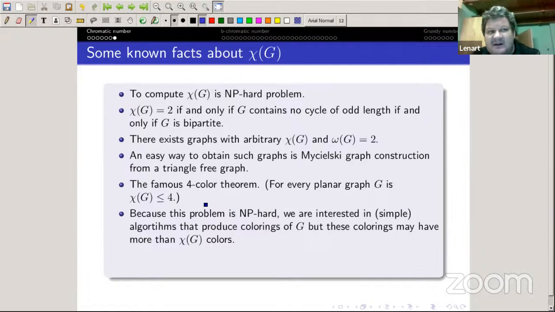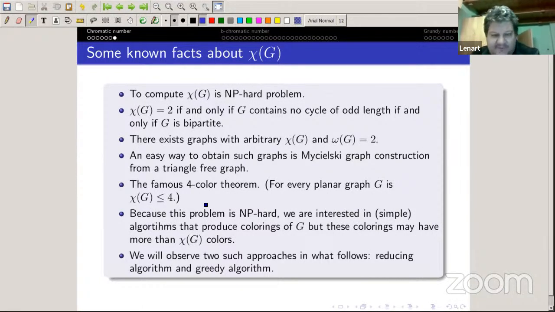So we are interested in the difference between what these algorithms give us and the chromatic number. By the way, such algorithms are called heuristics. They give a solution, but this solution is not optimal.